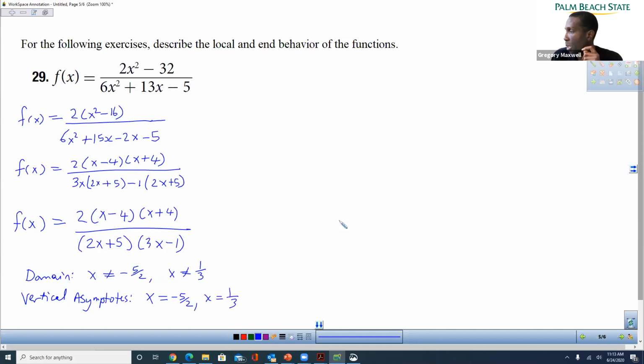Now, those are asymptotes. What is my behavior at those points? At this point, I'm going to recommend that you draw the graph. So let's see. Horizontal asymptote. Who can tell me what the horizontal asymptote is?